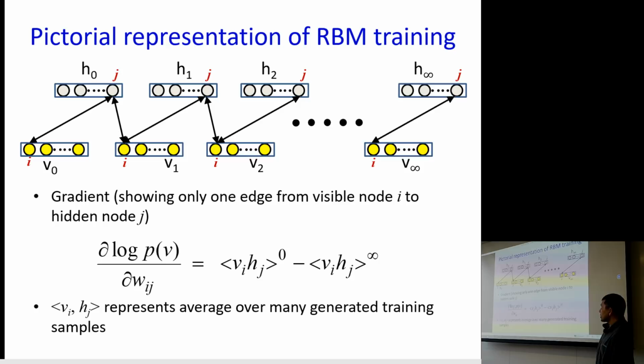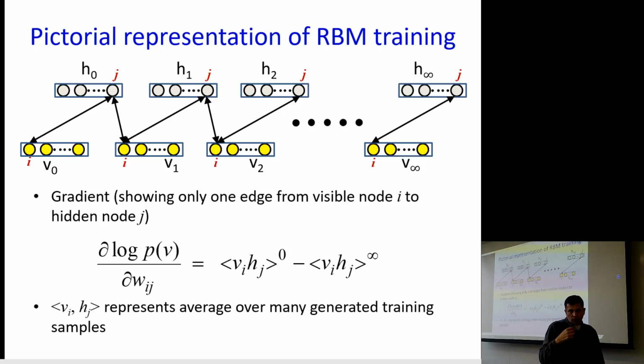So the overall training rule is going to look like this. You don't even fix the hidden units, you just initialize the visible units and let the network evolve. It's going to give you this complete chain, and you let it evolve for a very long time. Then this first term is simply the products of bits at the very first iteration.